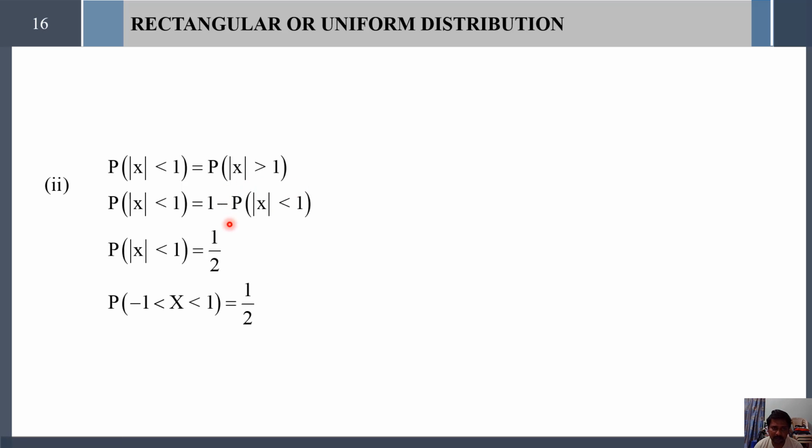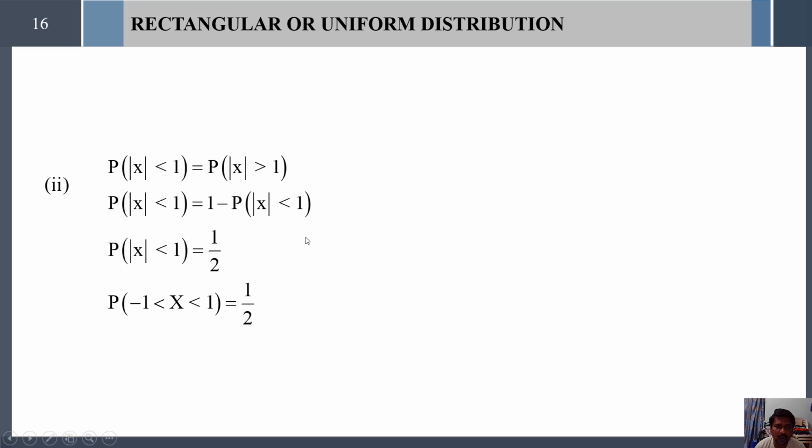Taking the minus factor to the left hand side, we get 2 into probability of modulus x less than 1, and taking 2 to the right hand side, probability of modulus x less than 1 equals 1 by 2.